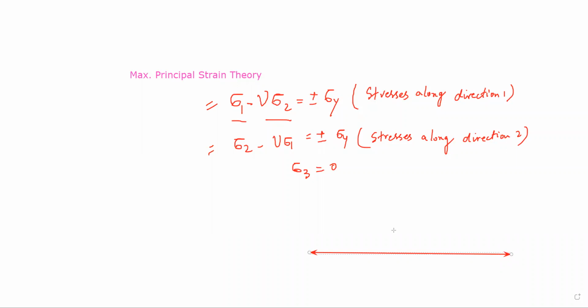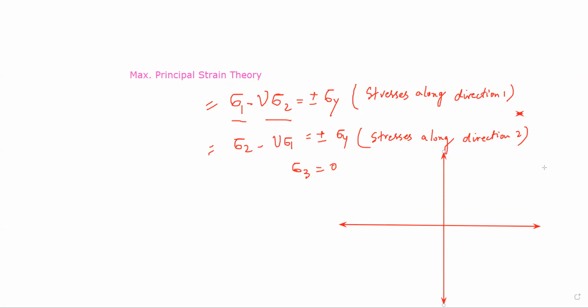if we plot these equations, then first of all, we have sigma 1 minus nu sigma 2. Let's take this: sigma 1 minus nu sigma 2 is equal to plus sigma y.